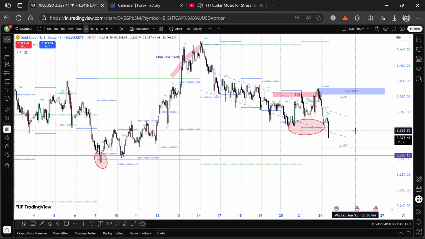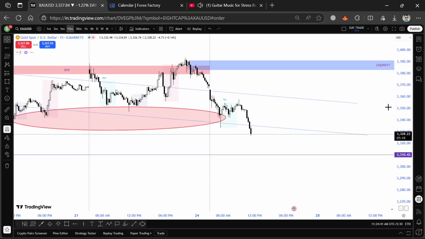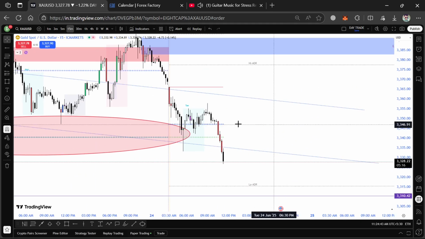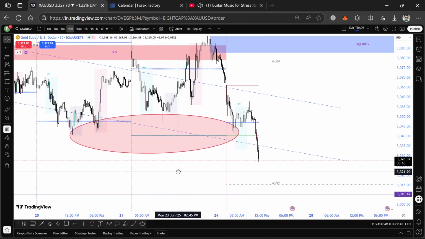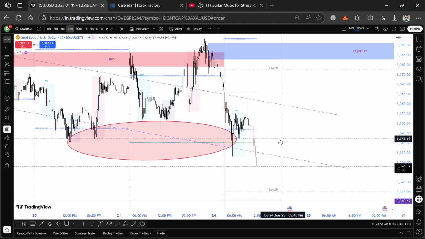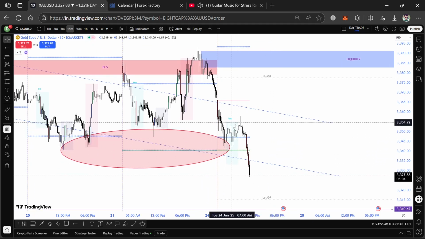And after this, let's see what could be our buy sell zone. Let's go onto the lower time frames and see what we can see. We have this zone over here, the stop hunt zone, inducement zone, and now the market is approaching and making lower lows, lower highs.